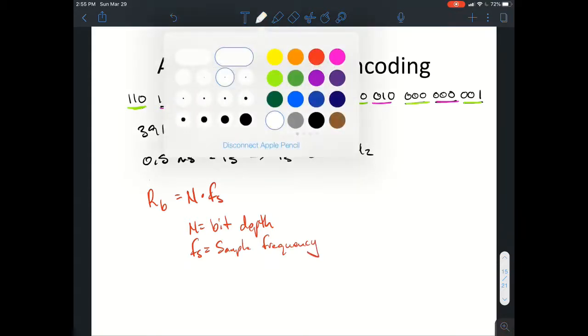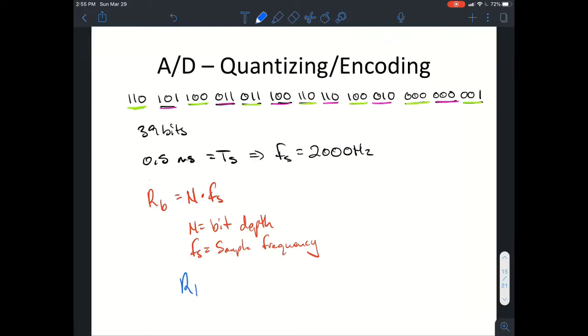All right, so for our example, we have R sub B equals 3 bits per sample times 2000 samples per second.